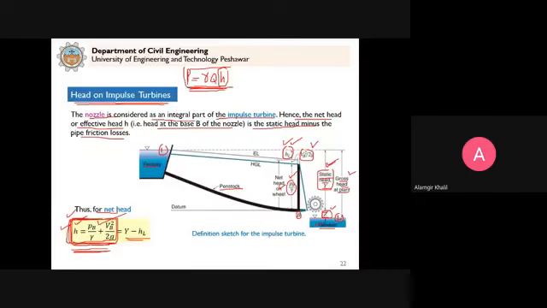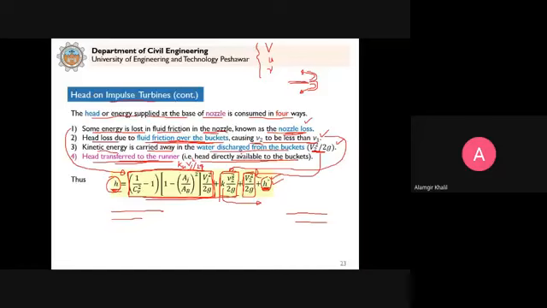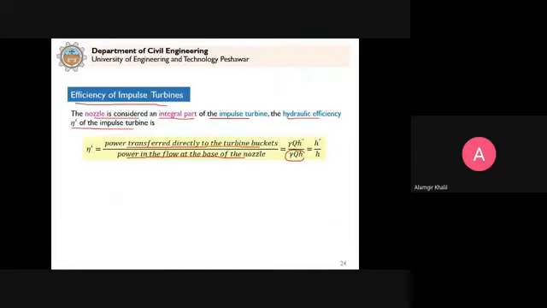Because we have the 3 losses, what is actually transferred to the buckets is gamma QH double dash. So gamma Q cancels out. The head that is actually transferred to the buckets divided by the head available defines the hydraulic efficiency of the impulse turbine.